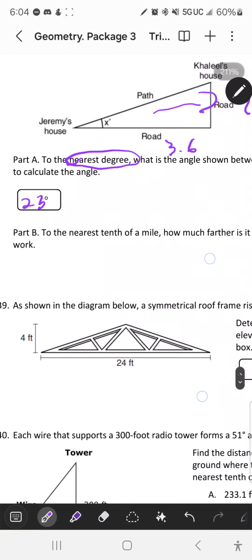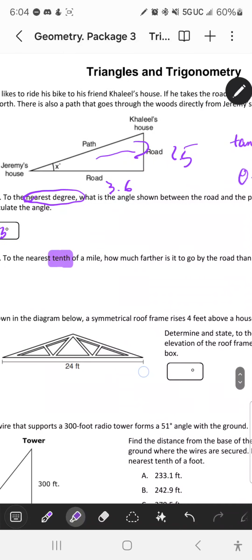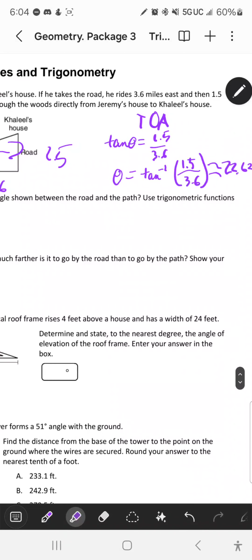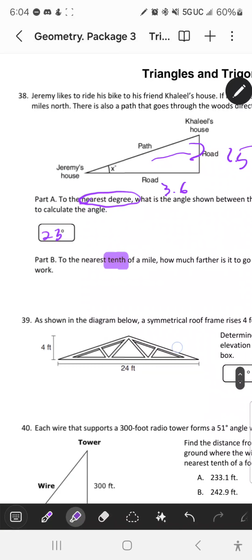Now for B: to the nearest tenth of a mile, how much farther is it to go by the road than to go through the path? Okay, we want to know the difference between going using the road and the path, but for that we need to know the measure of the path.